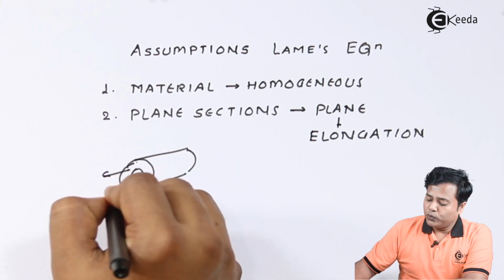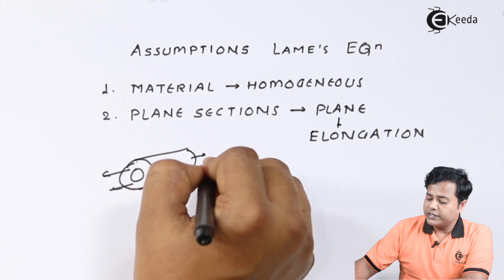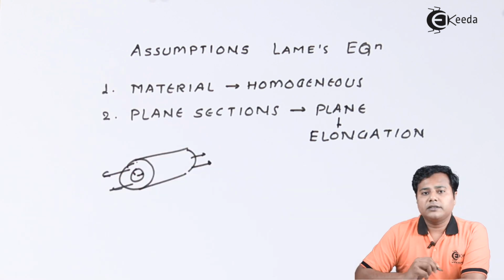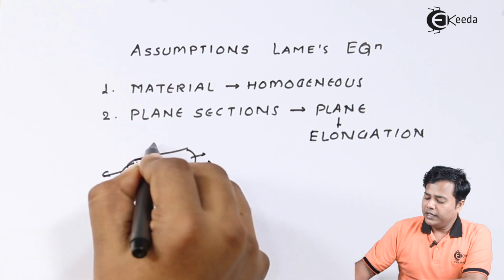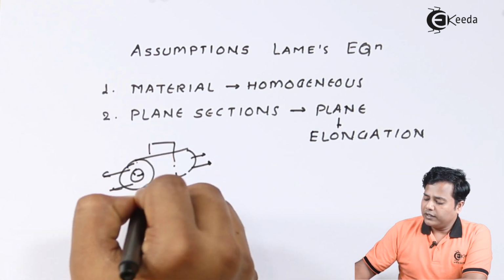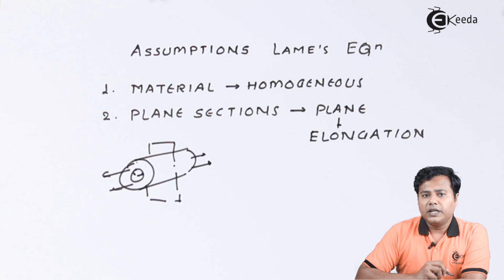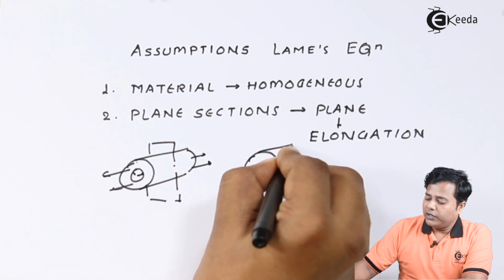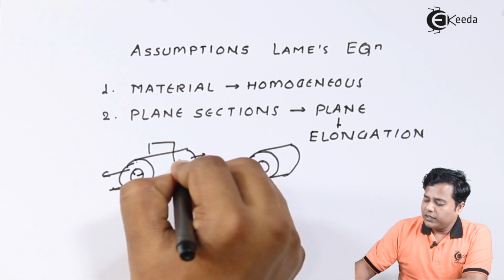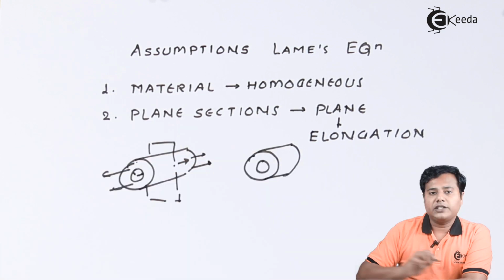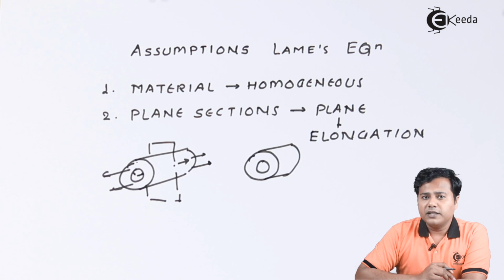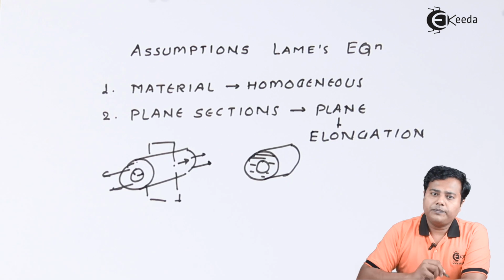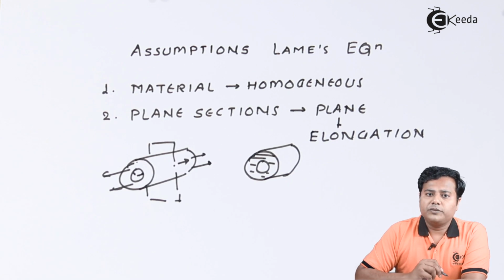Let me apply some forces. Definitely stresses will be induced in it. Let me apply some internal stresses. Again some stresses will be there. If I take a section in this manner, even after that the plane surface will remain plane only. So this is the second part of this assumption. That means this particular surface will remain plane and it will not distort. That is my second assumption.